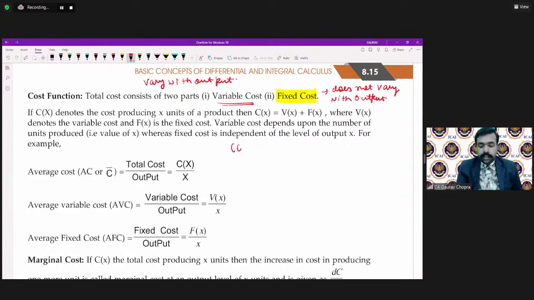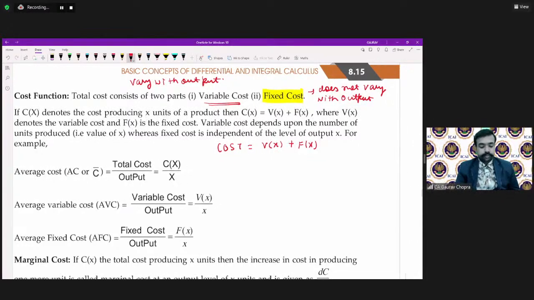So here we are writing cost is equal to variable cost plus fixed cost. Cost is C(x) equals V(x) plus F(x). V(x) is the variable cost and F(x) is the fixed cost.